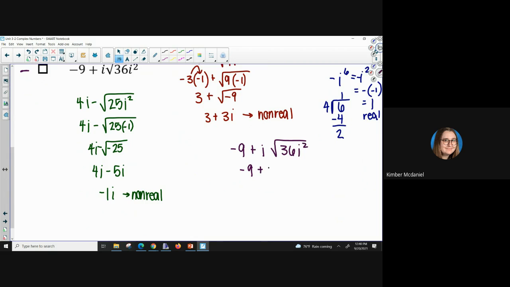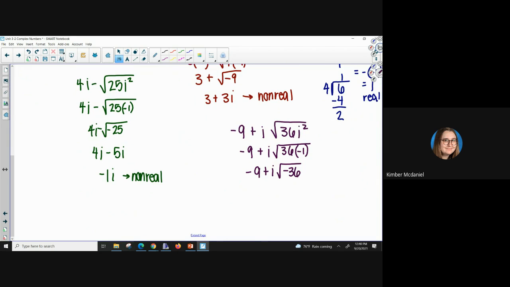So I have -9 plus i square root of 36 times -1. 36 times -1 gives us -36 underneath our radical. What is the square root of -36? 6i. Now, you cannot just write 6i because we have that i before the radical that we have to worry about. So we're going to put 6i in parentheses.